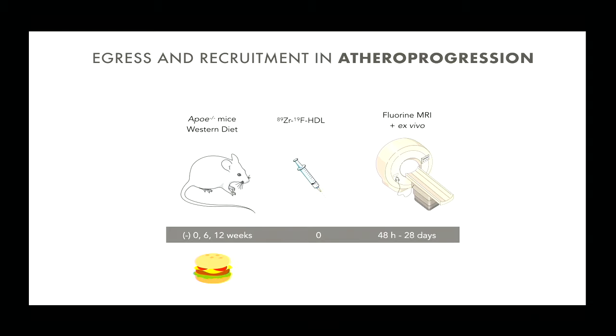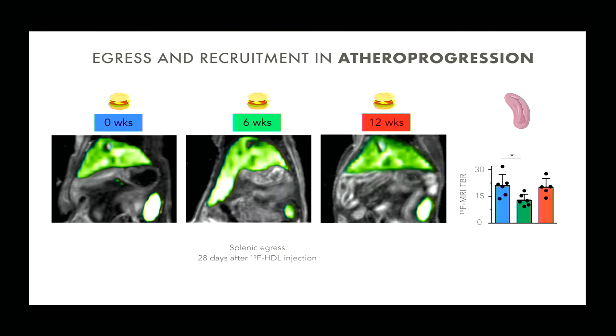We injected them with our nanobiologics, and we spent a lot of quality time with the preclinical scanners, scanning them up to 28 days. We saw a more or less stable signal over time, except we were able to discern this one sweet spot in the intermediate stage of atheroprogression, where we saw a diminished spleen signal.